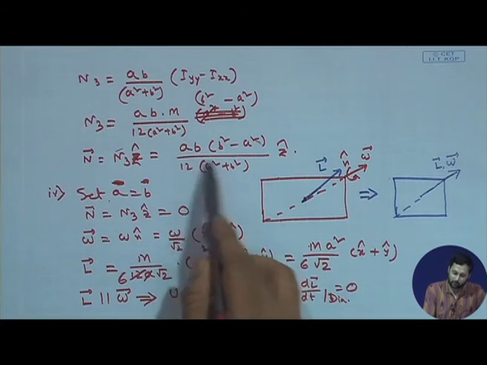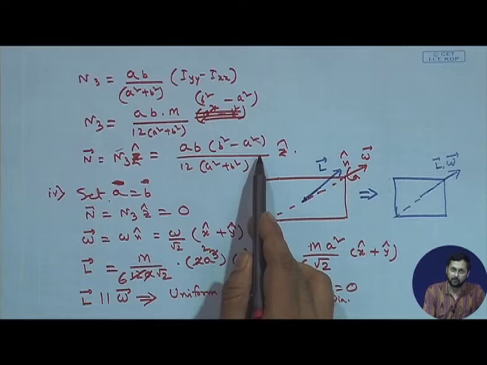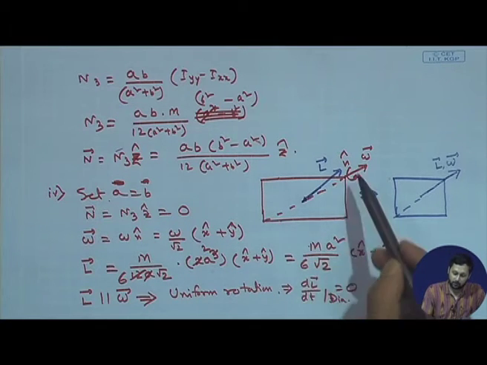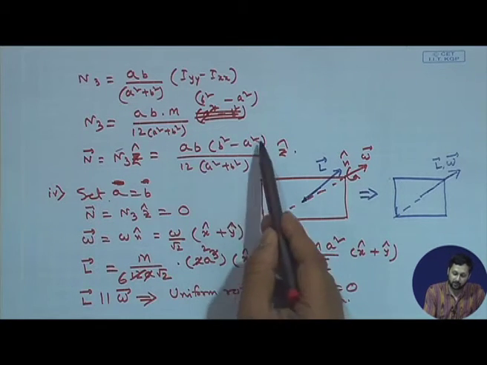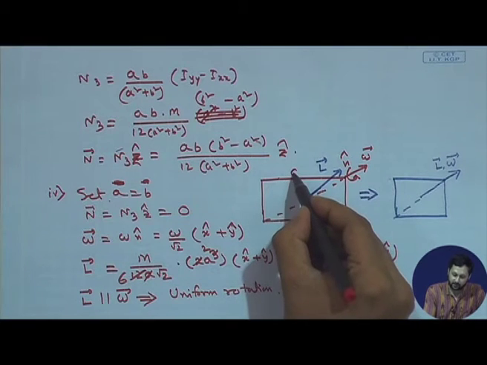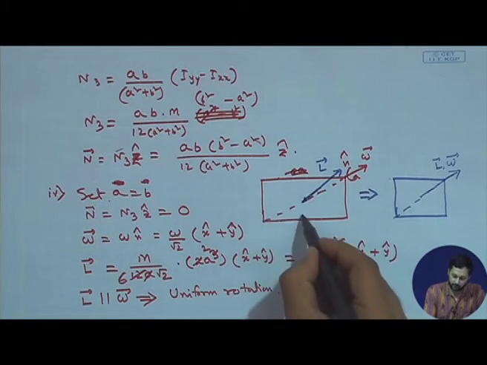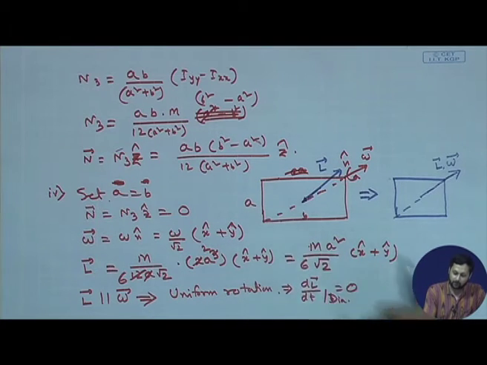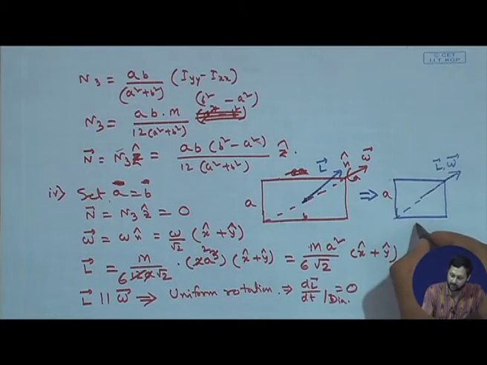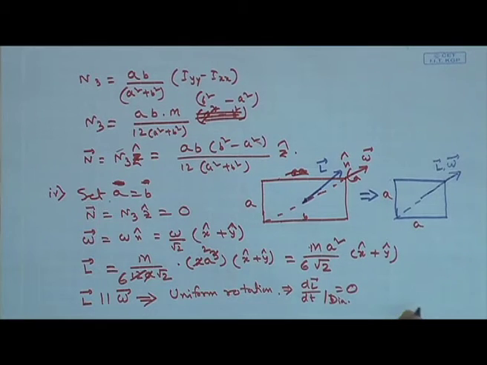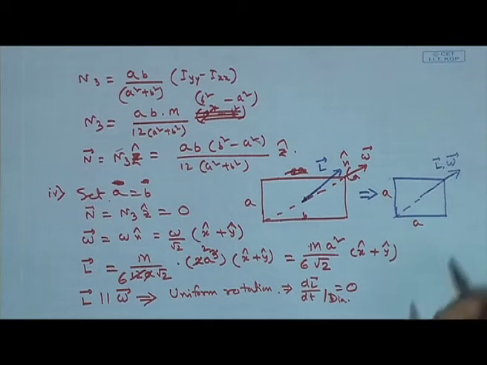So the torque is also driven by the symmetry of the system. To maintain uniform rotation, we needed torque only when the sides are A and B, when A is not equal to B. The moment we have both sides as A and A, the torque requirement vanishes, and that indicates that the diagonal also becomes a principal axis of rotation.